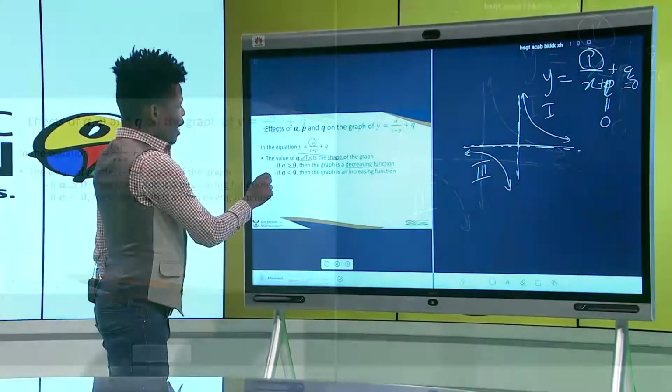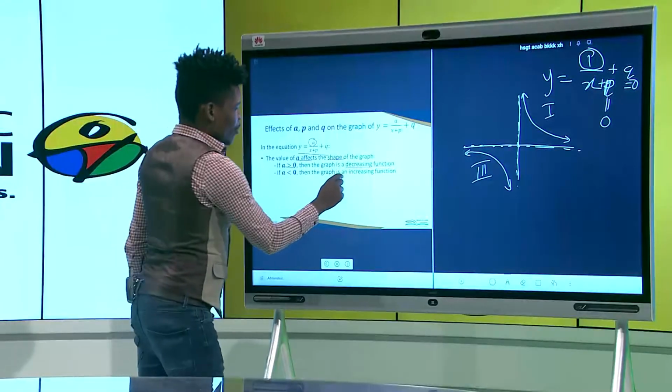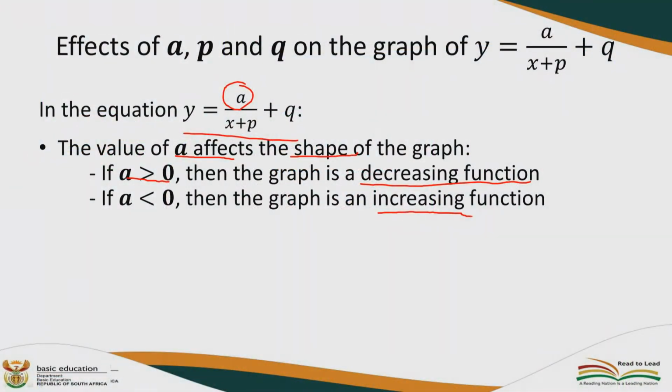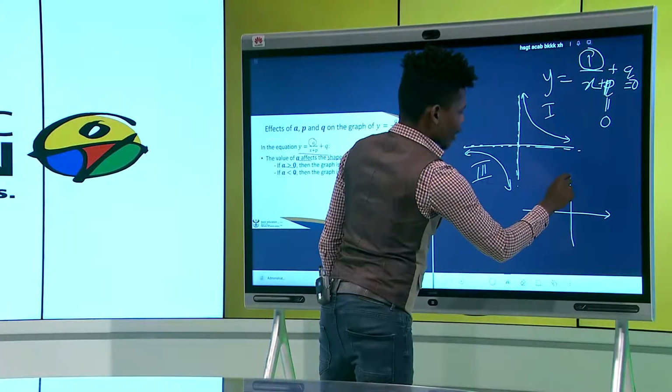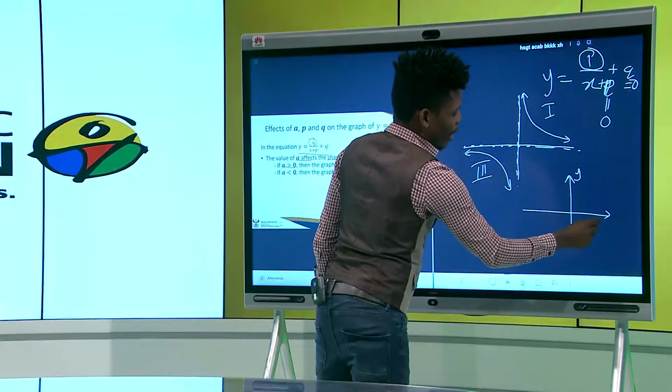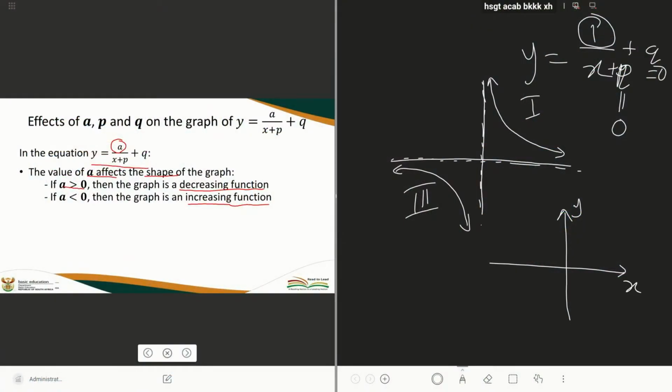Now, if a is less than 0, then you are going to have an increasing function. If we go back to the blackboard, again for your mother graph, that is your y and that is your x, and your asymptotes are going to be on top of the x and the y-axis.